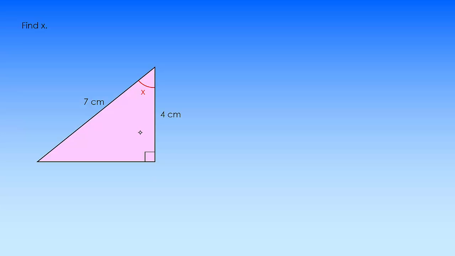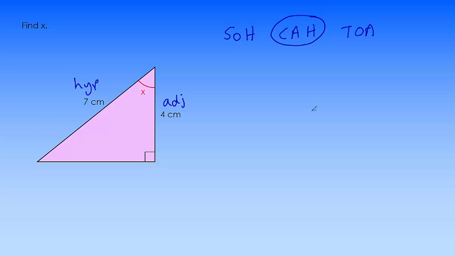And as a final example, we have this one where we want to find x. Compared to x, this is the adjacent, and of course the longest side is always the hypotenuse. Once again, start with the mnemonic. Adjacent and hypotenuse means cos here.